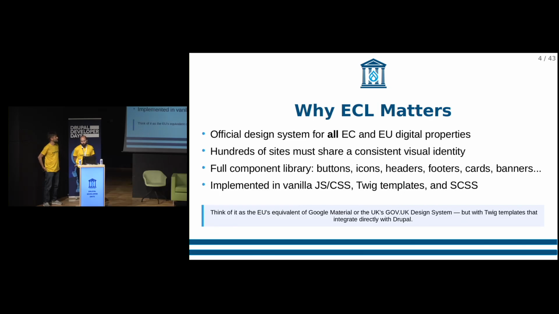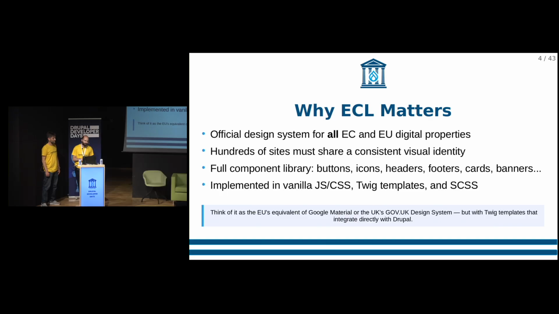So, for the people who have visited the sites of the European Union or the Commission, they might already be familiar with what we are going to see. The ECL has great value because it keeps hundreds of institutional websites consistent in look and feel. It's something similar to Google Material or the UK government design systems.